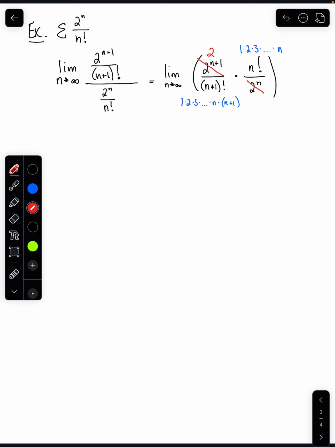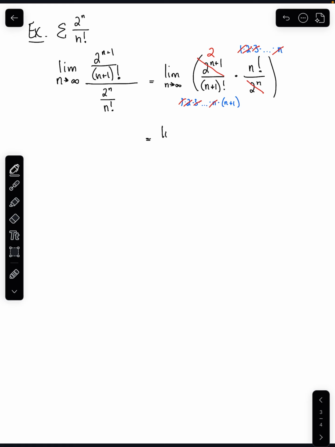So what we would have here is a cross simplification of every single factor in the product, except for that last extra n plus 1 in the denominator. The same way that exponential functions work very well in the ratio test, factorials also work very well in the ratio test. Almost everything cross-simplifies until we're left with a single 2 in the top and a single factor of n plus 1 in the denominator. And this limit clearly is equal to 0.